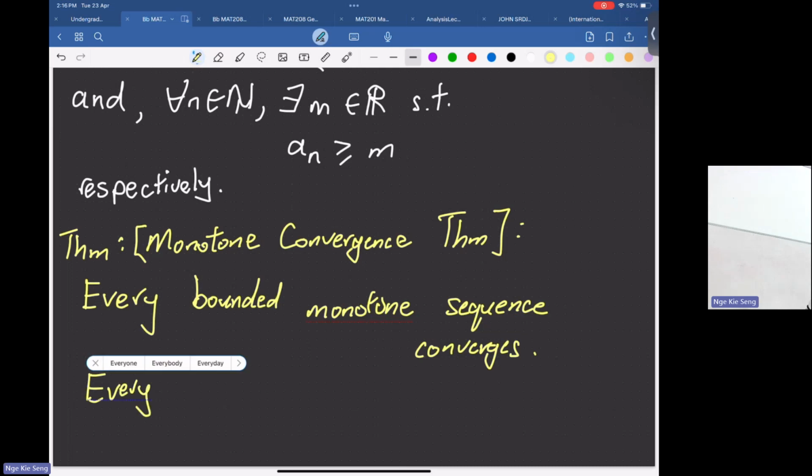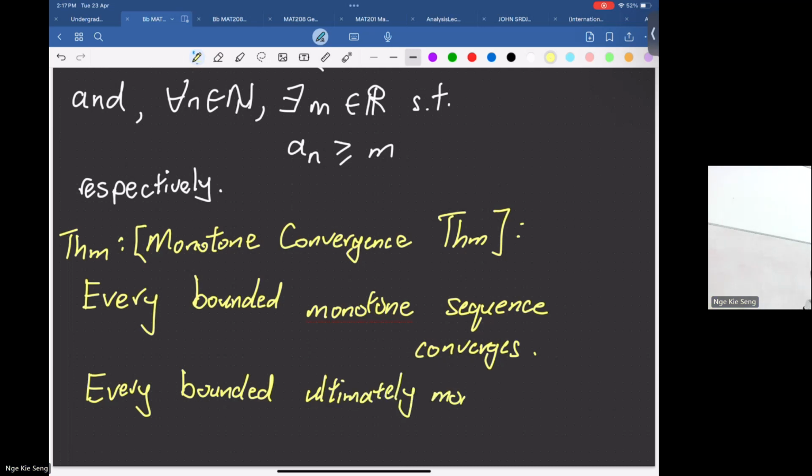Or even more strongly, every bounded and ultimately monotone sequence converges. What does it mean by ultimately monotone sequence? Not strictly. Ultimately means at the end, right? So at the first few terms, it might not be monotone. It might be jumping around.